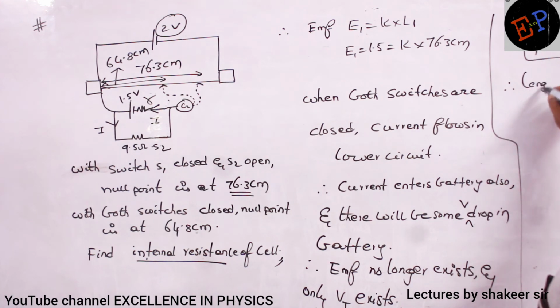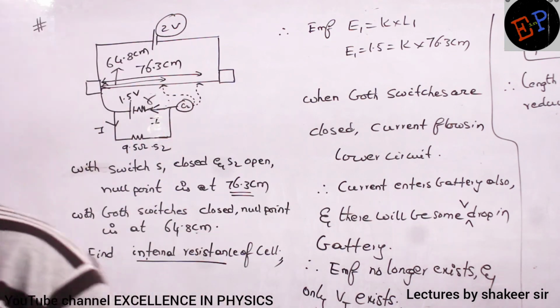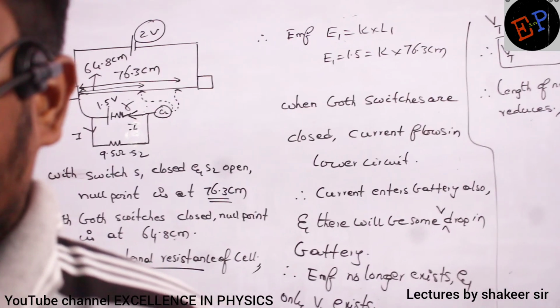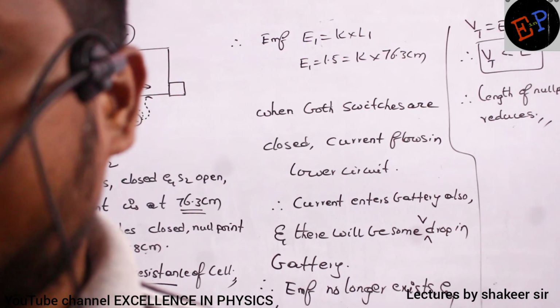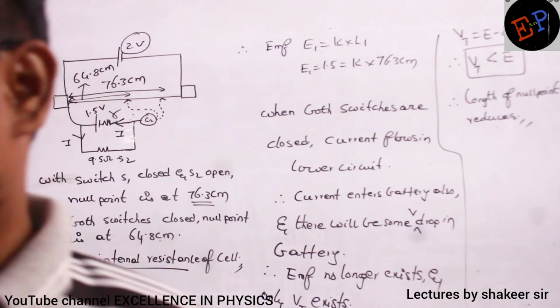Therefore, the length of the null point reduces. So the total concept, once again I am writing. Are you able to understand? So what happens to the total length of the null point? Reduces, no? Because potential has reduced.